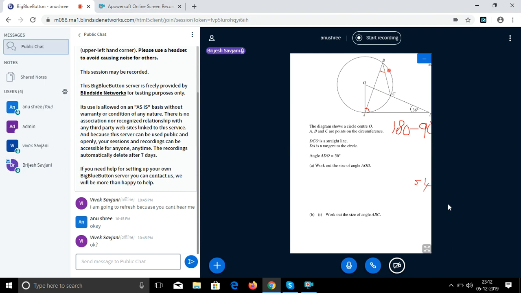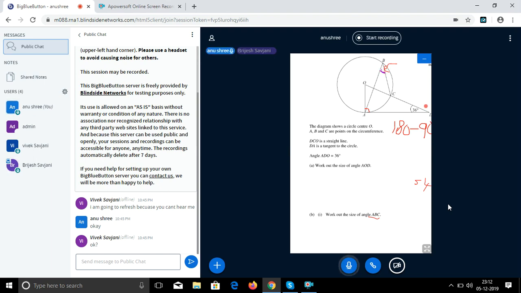Is that the right angle? This one? No, it's not. Okay, so like angle ABC. So you're saying it's a right triangle? Is this angle ABC?